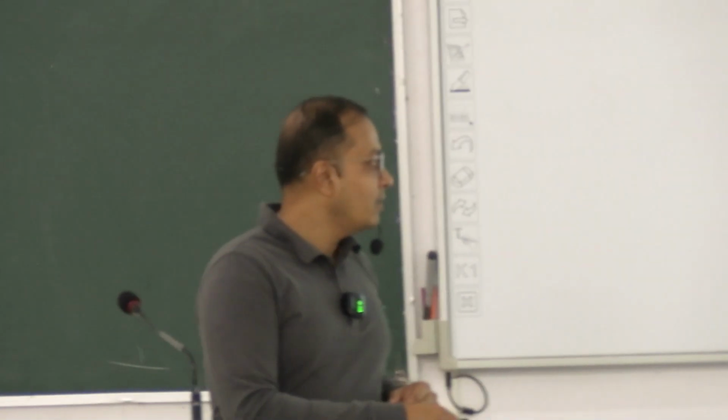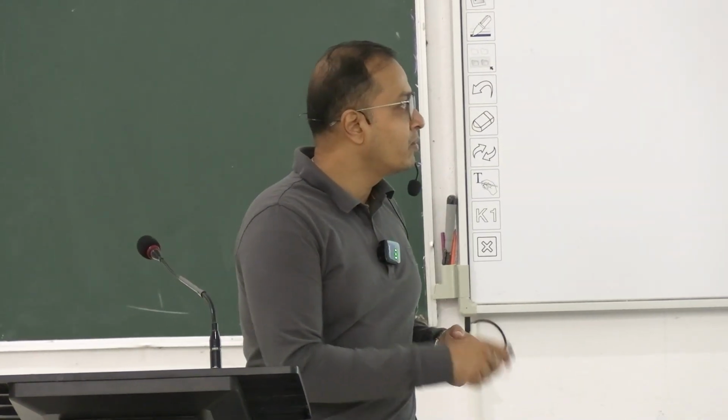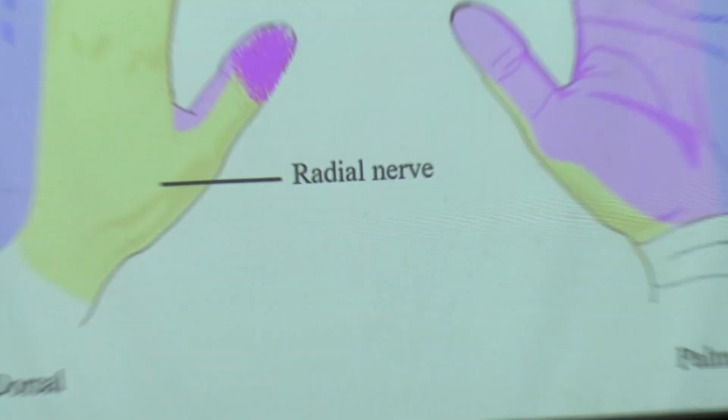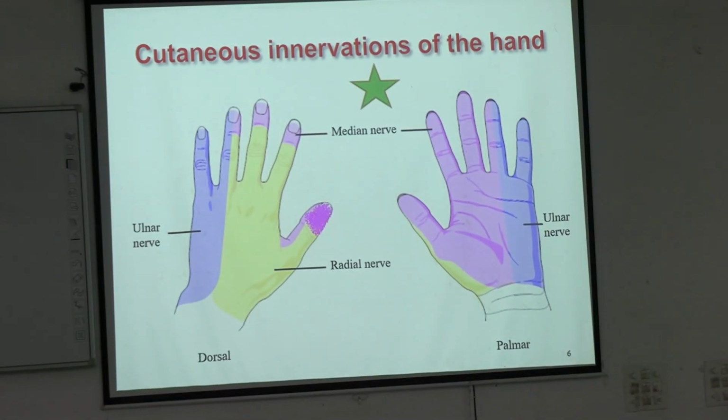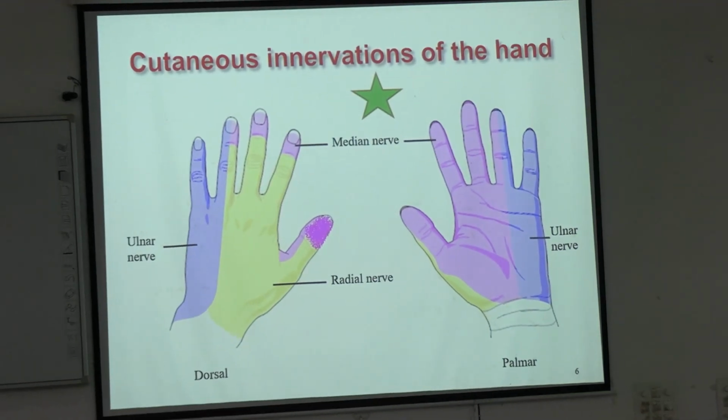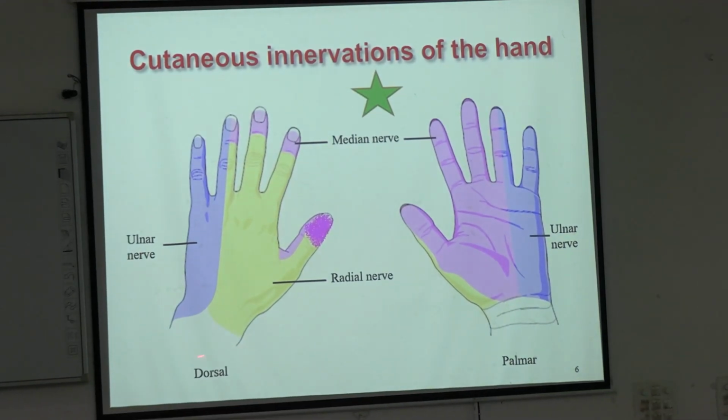So the cutaneous branches of the ulnar nerve and the median nerve are superficial, supplying the palmar region. Not only that, the cutaneous branches of the median nerve and ulnar nerve flip to the dorsal side as well, that means the back side.